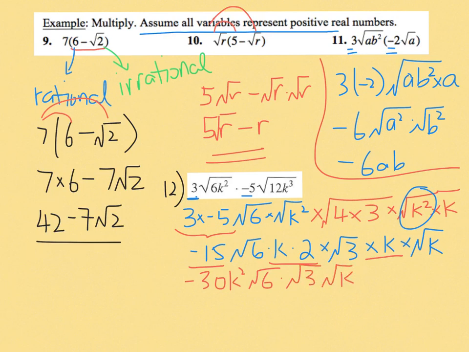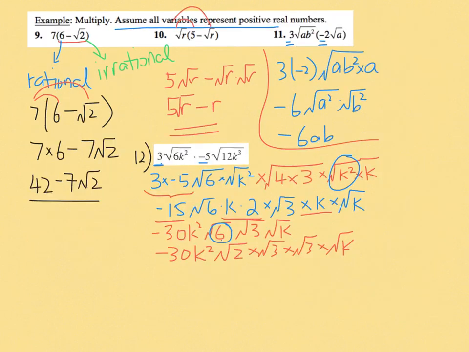k. And from here you can see that 6 can be simplified into the product of 3 and 2. So I will continue writing it as, so I have negative 30k squared and square root of 2 times square root of 3 times square root of 3 times square root of k, and this gives me negative 30k squared times square root of 2, and we know that square root of 3 times square root of 3 would give me 3, and that times square root of k.